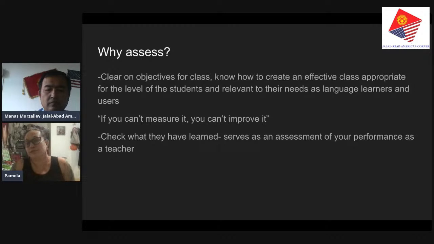So the quote that we used for this is, if you can't measure it, you can't improve it, right? So we want to be able to check where we are so that we need to know how to get where we want to be.